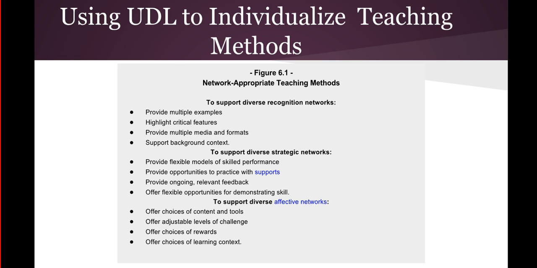And finally, to support diverse affective networks, you need to offer choices of content and tools, offer adjustable levels of challenge, offer choices of rewards, and offer choices of learning context.